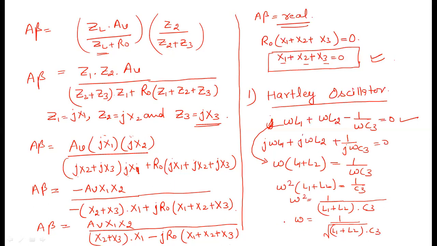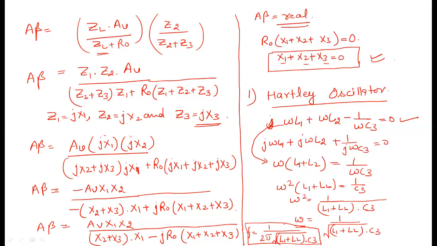And we know that omega is equal to 2 pi f, so f is equal to 1 upon 2 pi square root of L1 plus L2 into C3. This is the frequency expression for the Hartley oscillator.